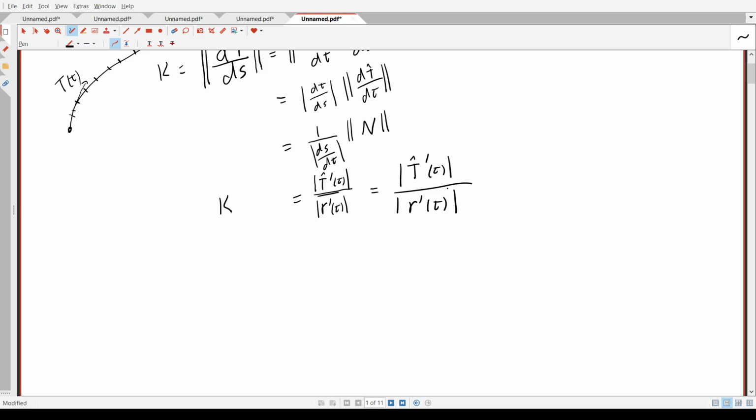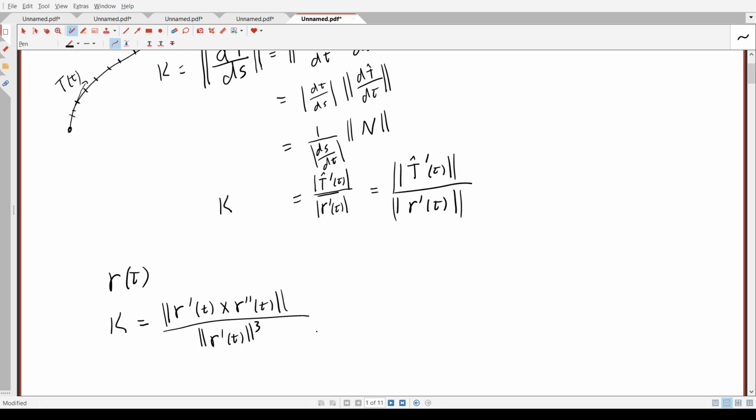Another expression that we had that didn't involve finding tangent vectors or unit tangent vectors: if I just have a curve r of t, then the curvature of this is going to be the norm of r prime of t cross r double prime of t, over the norm of r prime of t cubed.